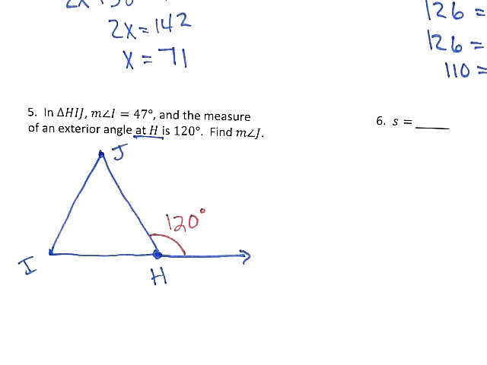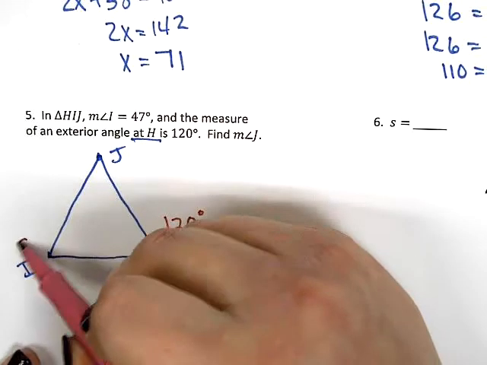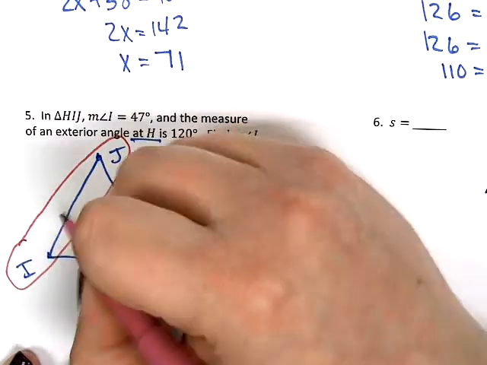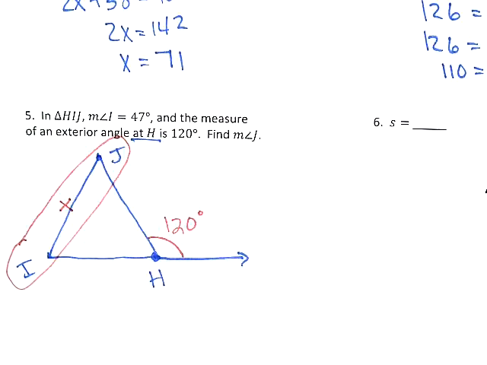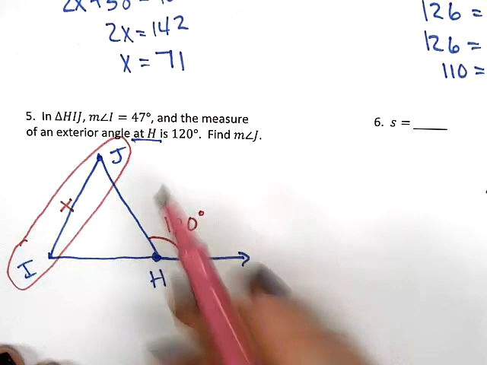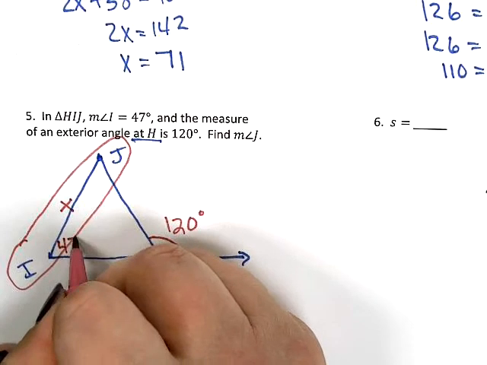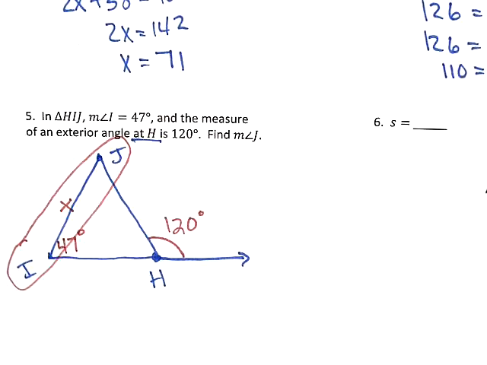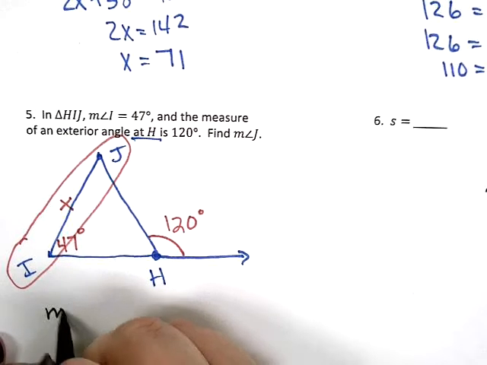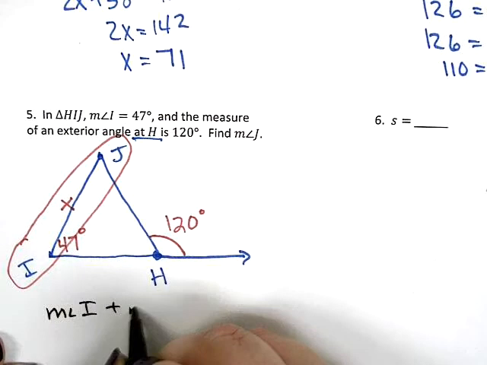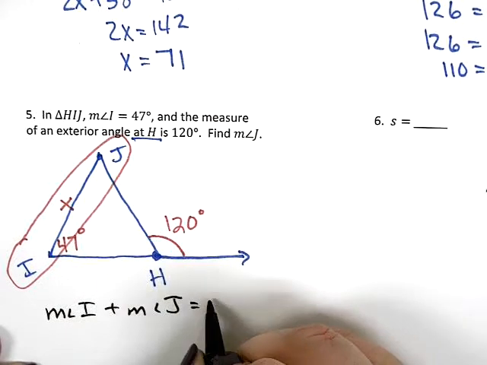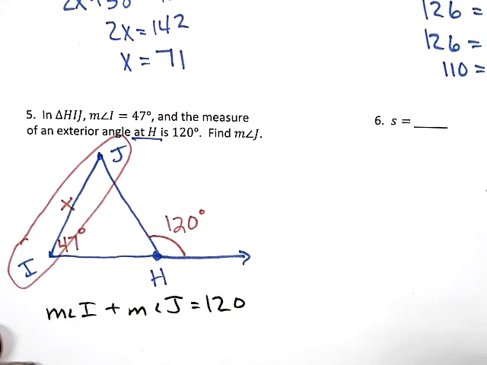I know that my exterior angle is the sum of my remote interior angles. That means I and J are my remote interior angles. If I could figure out what those two are together, I know it has to be 120. Let's see what else they gave me. Oh yeah, angle I is 47 degrees, so I'm going to put 47 in there. That means the measure of angle I plus the measure of angle J has to equal the 120 that I was given as my exterior angle.